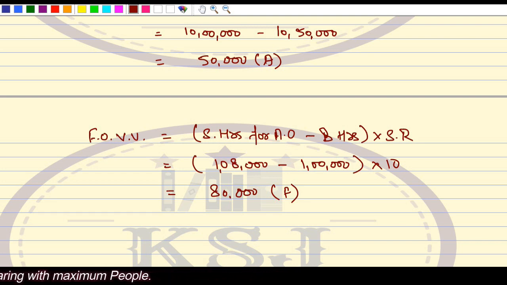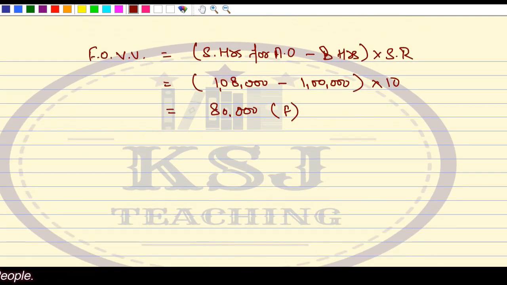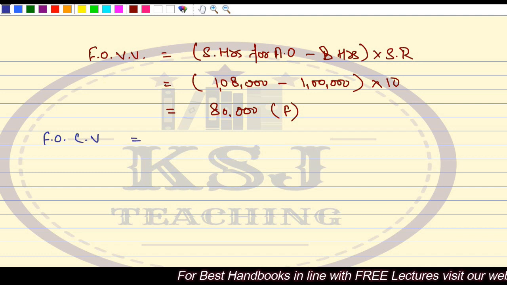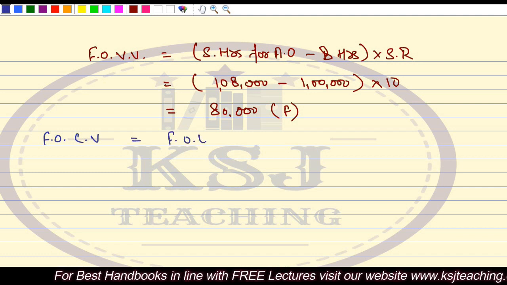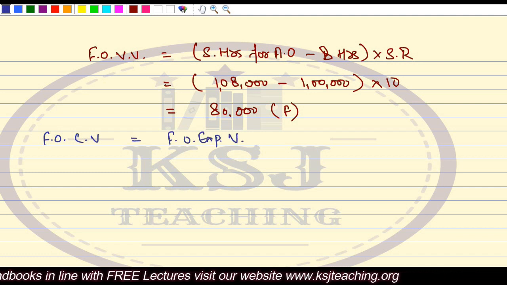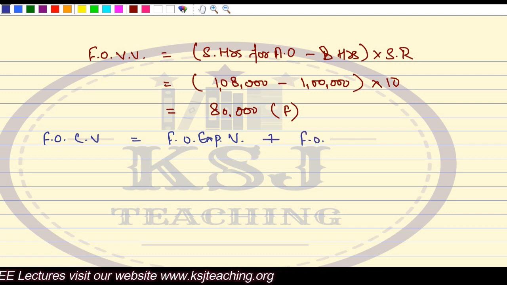So from here we can say one thing, that fixed overhead cost variance is equal to fixed overhead expenditure variance plus fixed overhead volume variance, right?